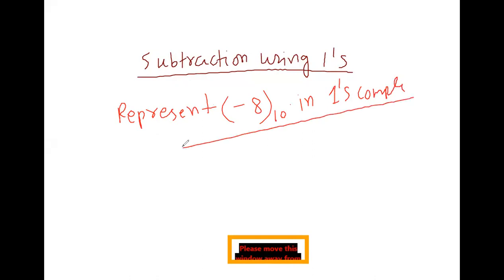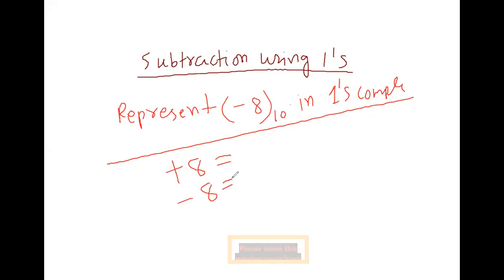So first of all, you need to find out what plus 8 is. Then you can find out minus 8. In your question, it will be asked for minus 8, not for plus 8. If it is asked for plus 8, simple, you know how to write plus 8. Your question will ask for negative numbers only, not positive numbers. Positive numbers are the same as we know.